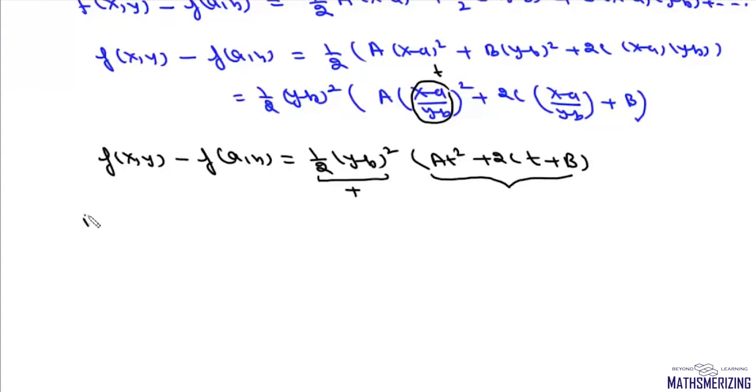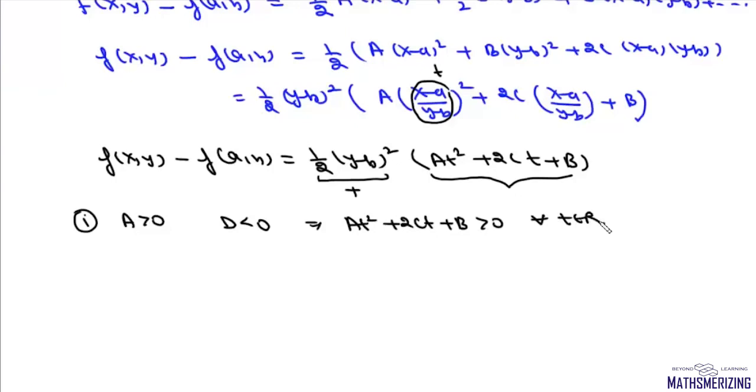Now we know that if a is greater than 0 and if d is less than 0, then this quadratic expression a t square plus 2c t plus b is always positive for all t belongs to R. So it simply means that in that case f(x, y) minus f(a, b) will be greater than 0 in the entire neighborhood of (a, b).